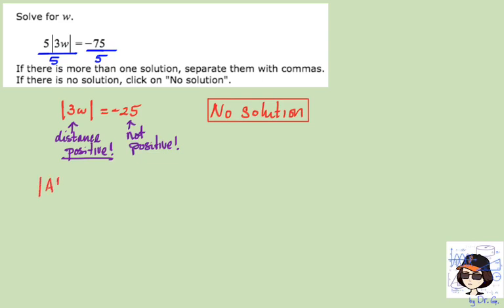All right, let's look at a different concept using absolute value. What if you have two real numbers that have the same absolute value? The absolute value of A is equal to the absolute value of B. Well, what does that mean?